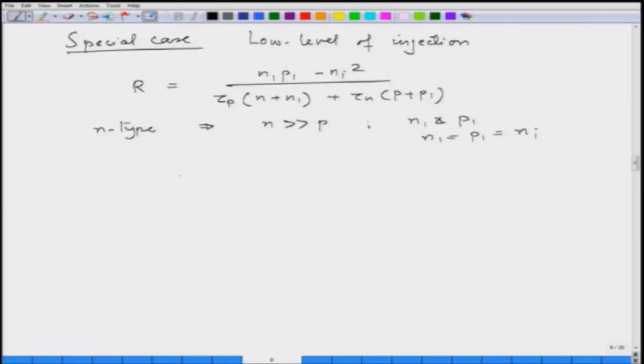The n times p is going to be equal to (n naught plus delta n) times (p naught plus delta p), and I am creating a situation where the injection level is low. So, delta n or delta p is much less than n naught for an n type semiconductor, that is, for low level of injection.